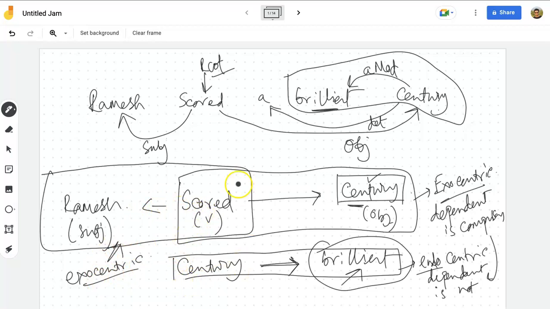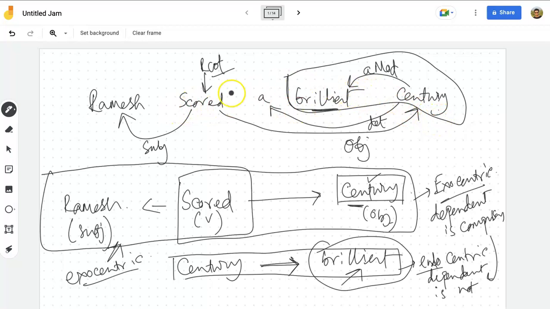Now if you check the dependency between century and brilliant, yes, there is a dependency between century and brilliant. It is a kind of modifier. So if you delete this brilliant part, what will the sentence be? Ramesh scored a century.